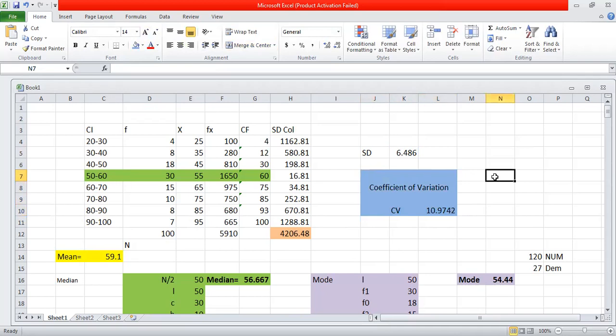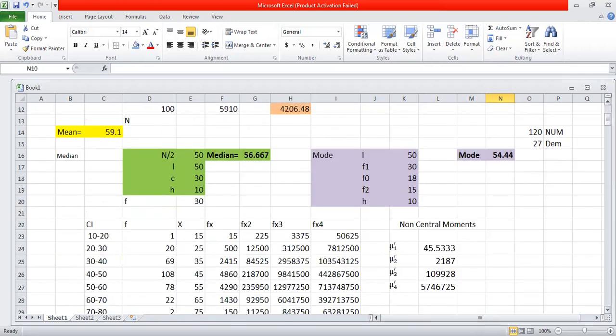If you calculate the mean and standard deviation and take the ratio of standard deviation by mean into 100, expressed as a percentage, we get it as 10.97. That is, 10.97% of variation is present in your data.